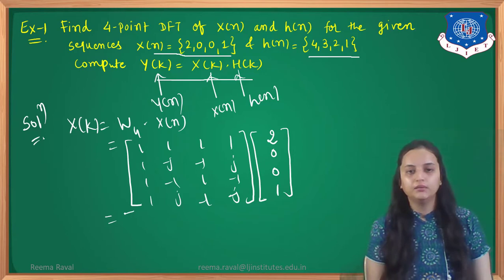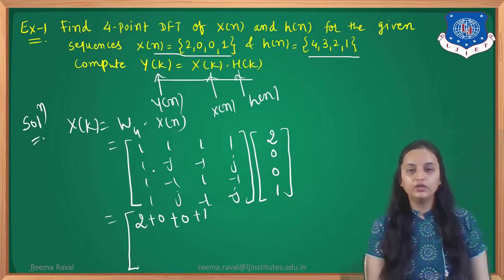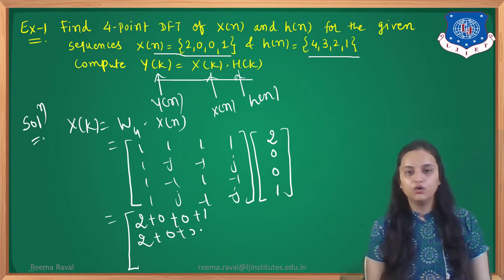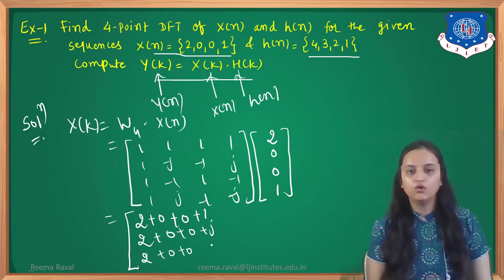Now let us do the matrix multiplication, which will give 2 plus 0 plus 0 plus 1. Then the second row value is 2 plus 0 plus 0 plus j. The third row value is 2 plus 0 plus 0 minus 1, and the fourth row value is 2 plus 0 plus 0 minus j.